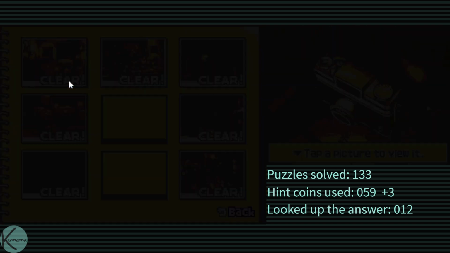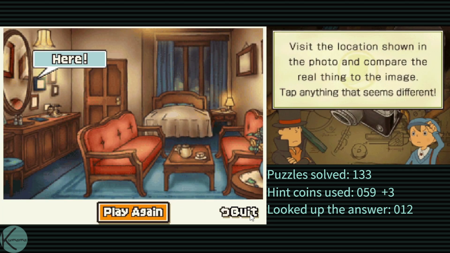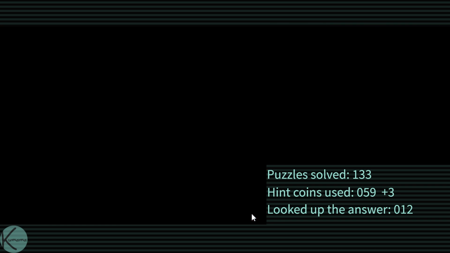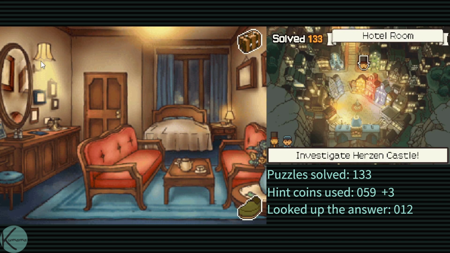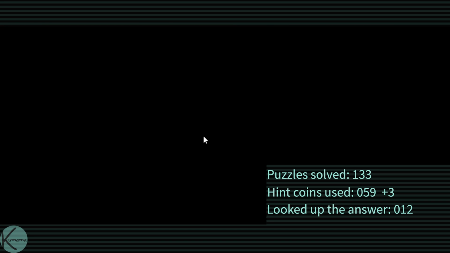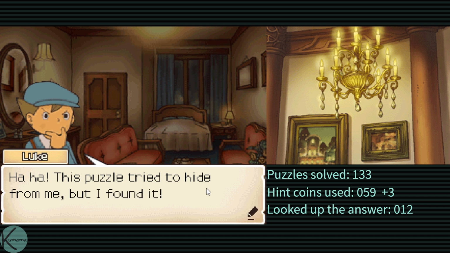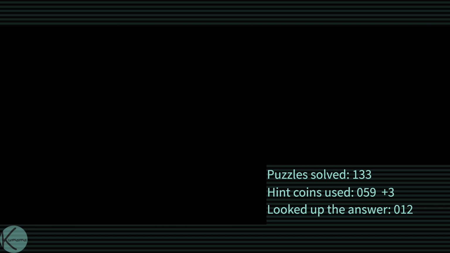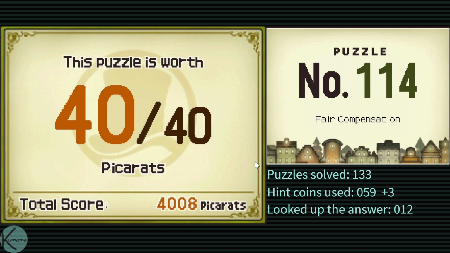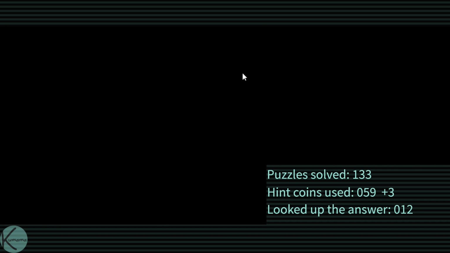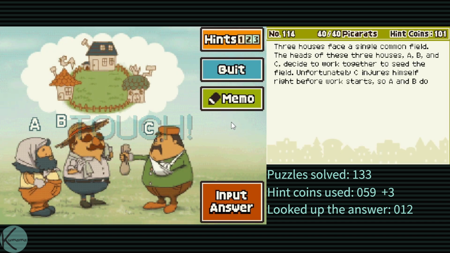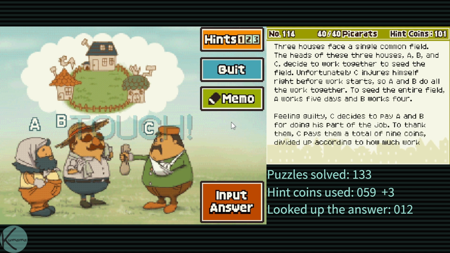Where's the puzzle? Where's the puzzle? Here. Okay. That one. Haha! This puzzle tried to hide from me, but I found it. You're mine, you hear me? 114. Fair compensation. 3 houses face a single common field. The heads of these 3 houses, A, B, and C, decide to work together to seed the field.